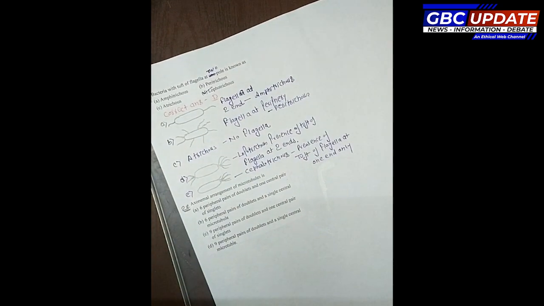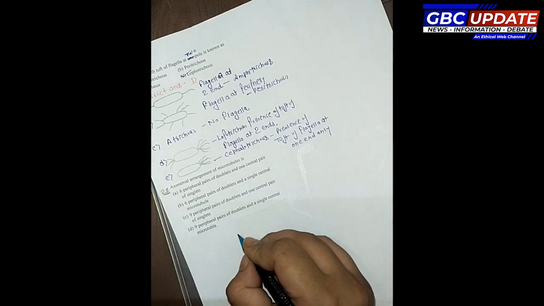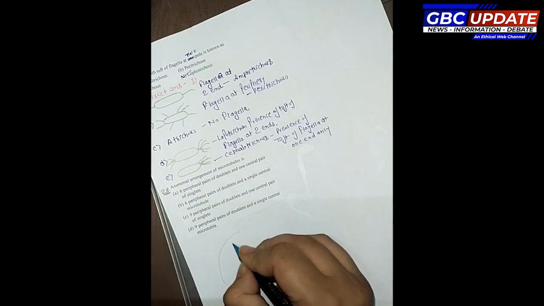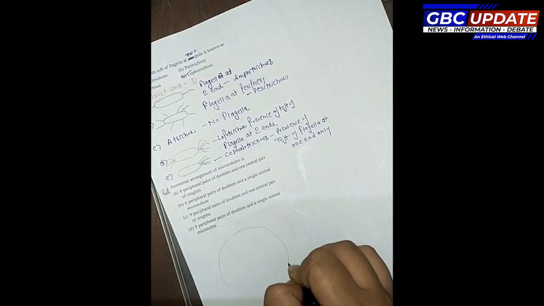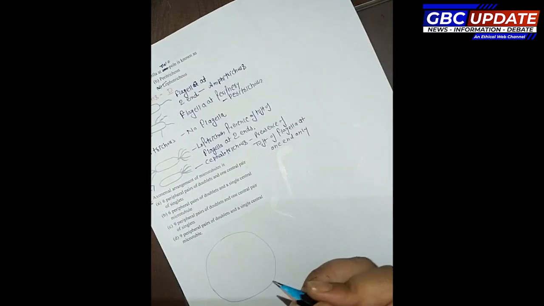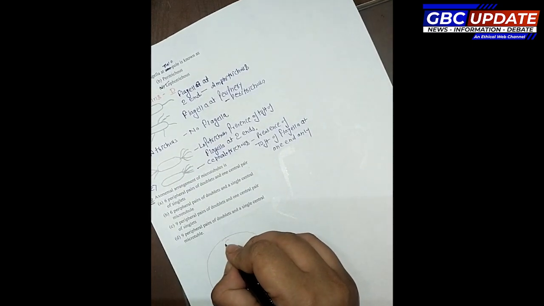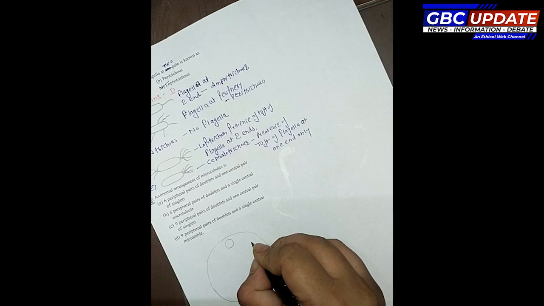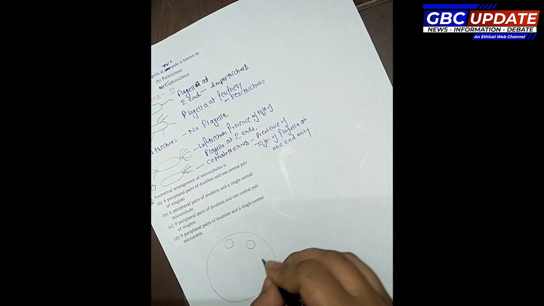Then last question, axonemal arrangement of microtubule is. So let's study the structure of cilia and flagella. So cilia and flagella are covered by a single unit membrane, the plasma membrane, and contain 9 peripheral doublets.